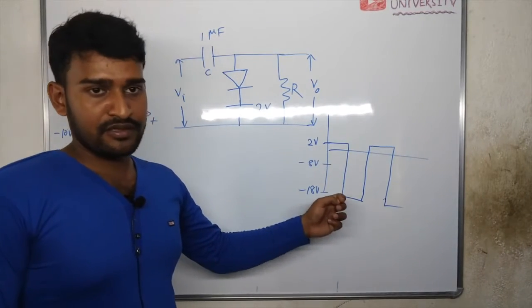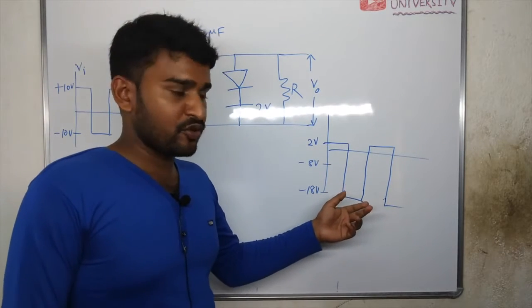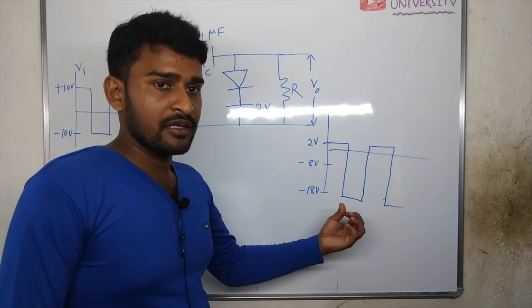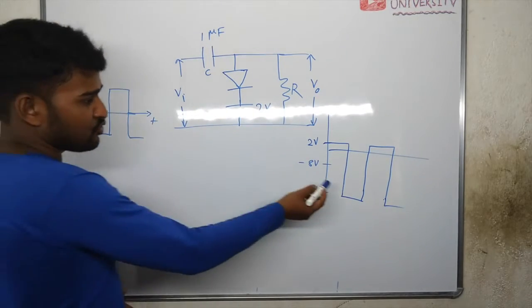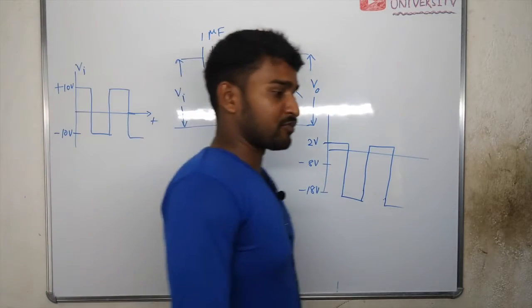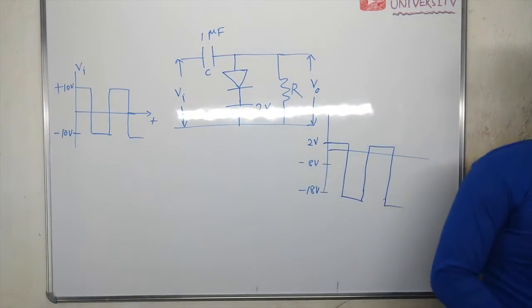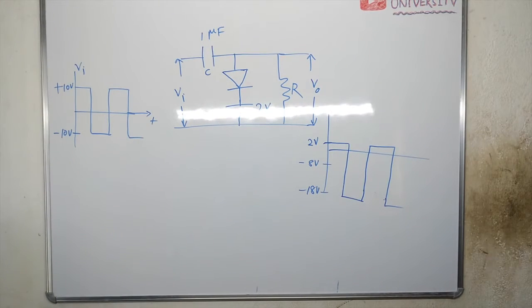The actual output has some tilt during the negative half cycle, but no such option is available. So we can choose the ideal clamper output. So the option is D.